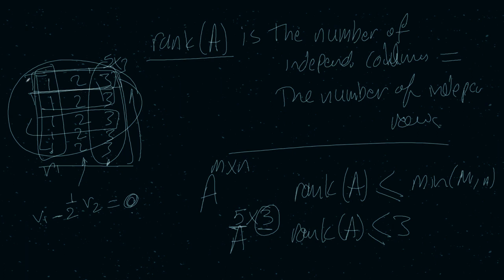Now, the final point that I wanted to mention in this fast review is about the full rank matrix. The full rank matrix is, first, a square matrix, so we can call it matrix A with a dimension of m by m or n by n, whatever you like.